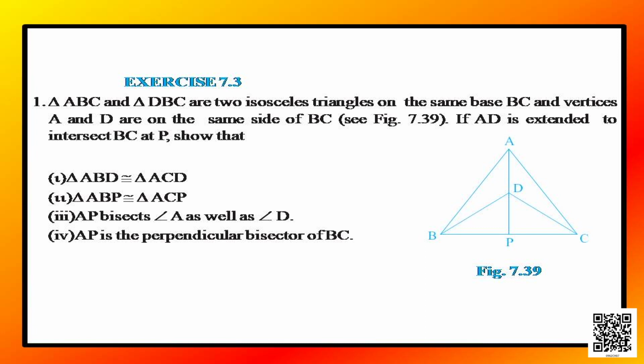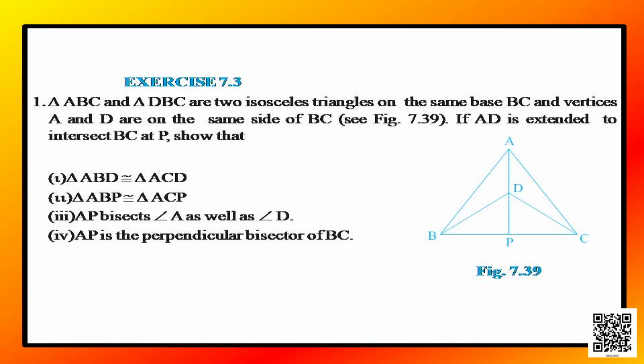If AD is extended to intersect BC at P, show that triangle ABD is congruent to triangle ACD, triangle ABP is congruent to triangle ACP, AP bisects angle A as well as angle D, and AP is the perpendicular bisector of BC. So, we need to prove all these things.